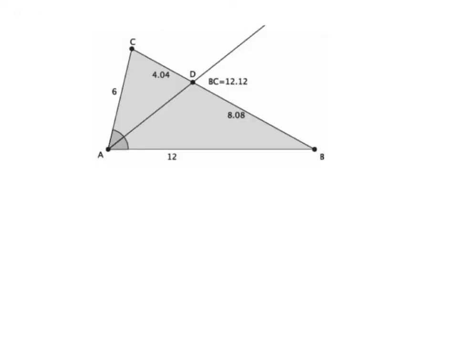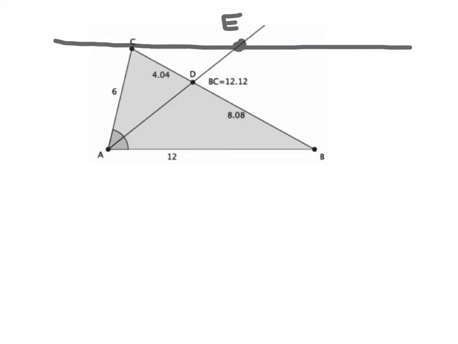Okay, let's prove why that is true. I'm going to draw a line, which is very hard to do, so I'm making it a highlighted line. Right there, it's through point C, and I'm going to make this point E. Okay, what we are proving here is the angle bisector theorem.